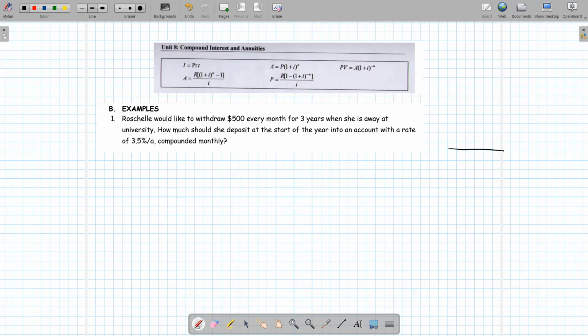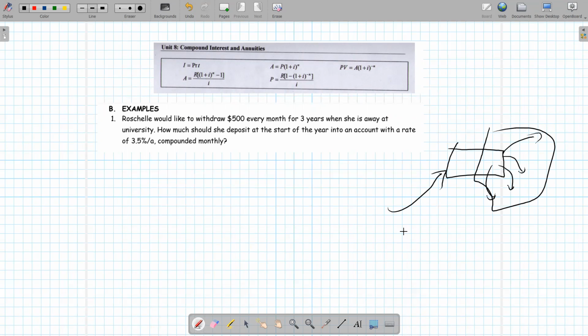So after 3 years, not today, after 3 years, she wants to be able to withdraw 500 every month, okay? But how much should she put in right now is the question.